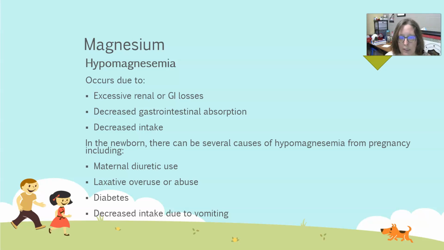And so in a newborn, there can be several causes of hypomagnesemia from the pregnancy, so it's really from the mom not having enough, including if mom uses diuretics, if mom overuses or abuses laxatives, if mom has diabetes, gestational diabetes, and if mom had a decreased intake due to vomiting. Some women suffer from hyperemesis gravidarum, which is basically like morning sickness with vomiting that lasts the entire pregnancy.